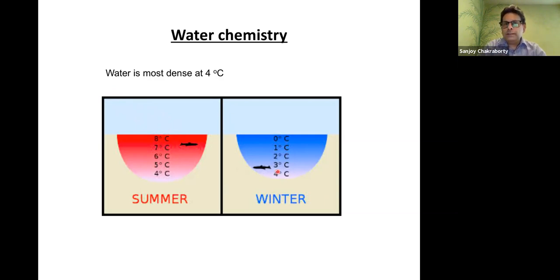Now this 4 is the heaviest, the densest. So once water becomes 3, it will be on top of the 4. Once it becomes 2, it'll be on top of the 3. Once it becomes 0, the ice will form right here. So in winter lakes, this is ice, and this is all 4 degrees Celsius water. That's why all the aquatic life can live there happily, even in the winter time.